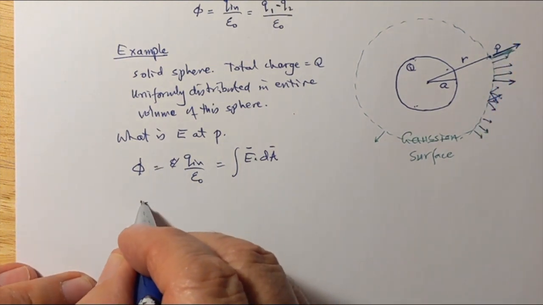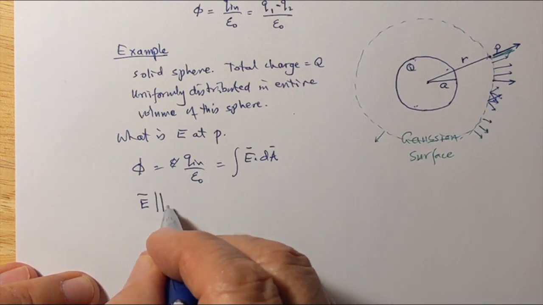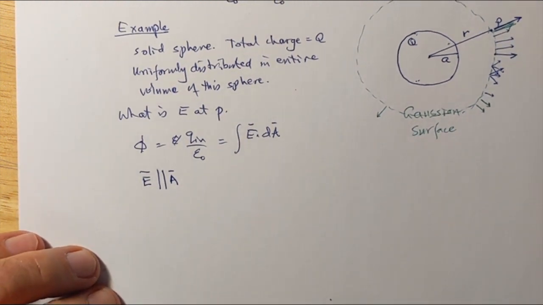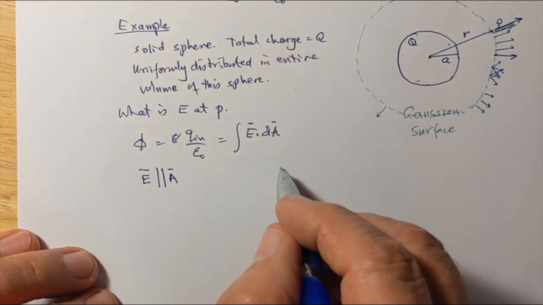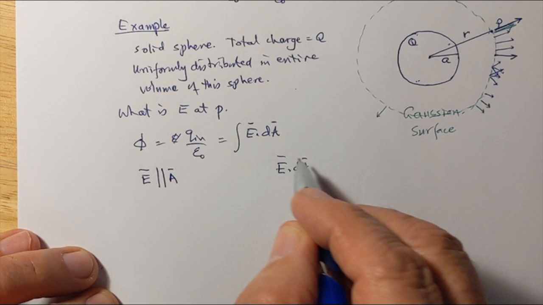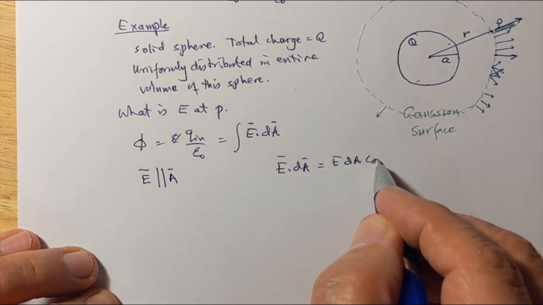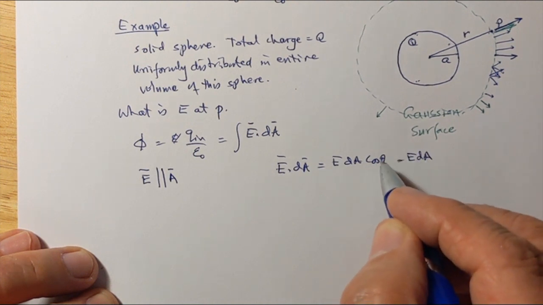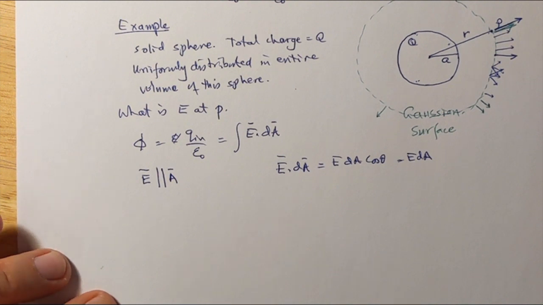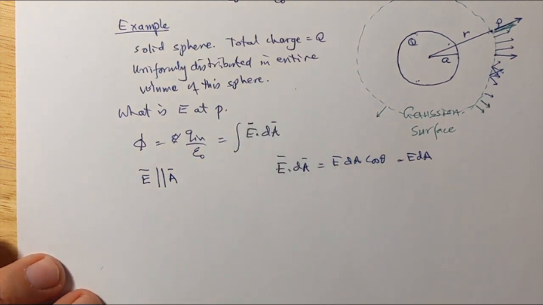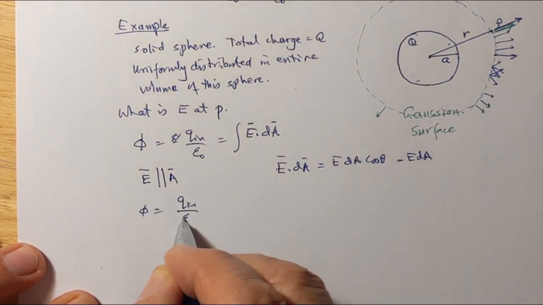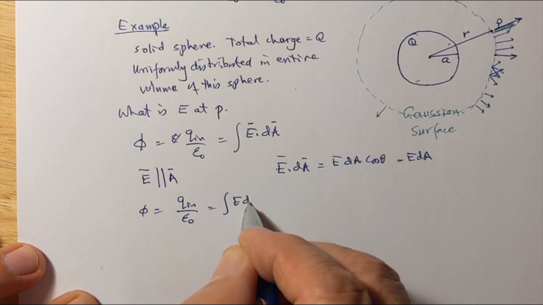And so what we have is that the area and the electric field are parallel, or the direction of the area is parallel to the direction of the electric field, which means that E dot dA at every point is E dA cos theta, and theta at every point is 0, and so it's E dA. And we can replace the vectors with simply numbers. And so the flux, which is Q in over epsilon naught, becomes the integral of E dA.